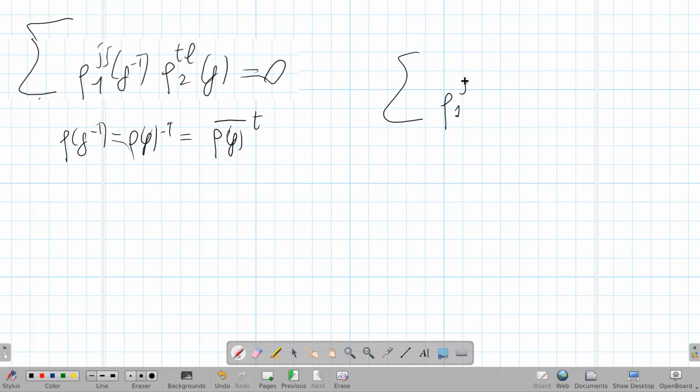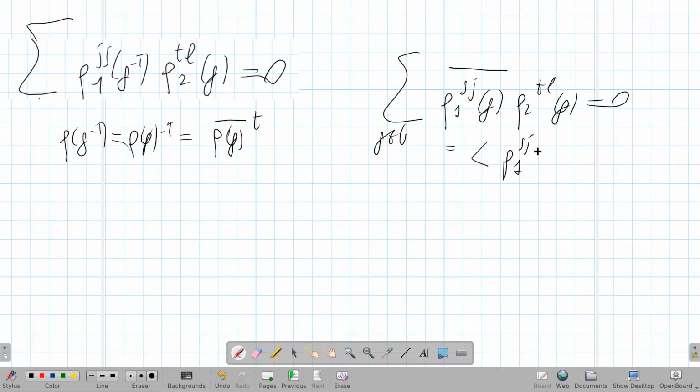So this is the kj element conjugate of G. And so you see that this is exactly the scalar product, except that the summation is over G. More details later, but it looks like a scalar product, except that I'm summing over G. The index is over G. But proper definitions about this in a while.